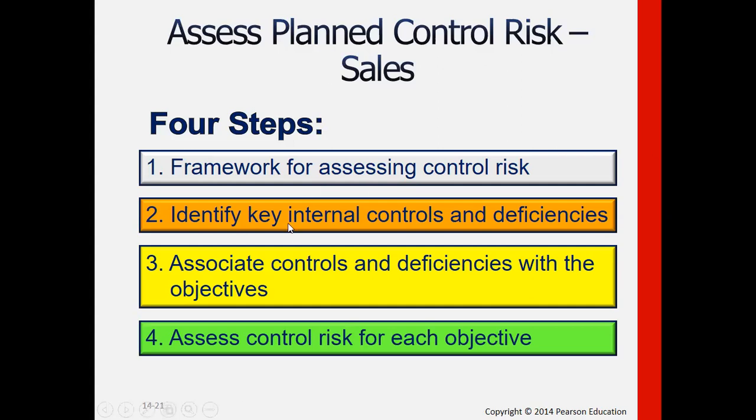Framework for assessment, then identify the key internal controls and deficiencies, and associate these controls and deficiencies. So if there are deficiencies, how did the company or business or client respond to such deficiencies? Then, with the objectives of our audit, assess control risk for each objective.